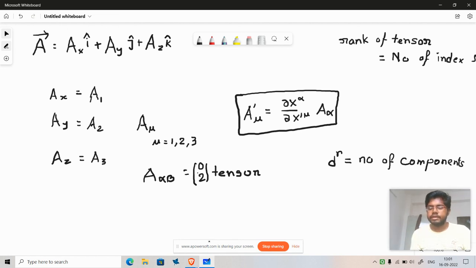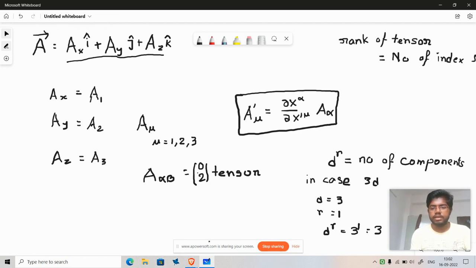In the case of 3D, d is 3, and the number of indices is 1, so r is 1. So d power r is 3 power 1, which is 3. So we know that the number of components is 3: ax, ay, and az.